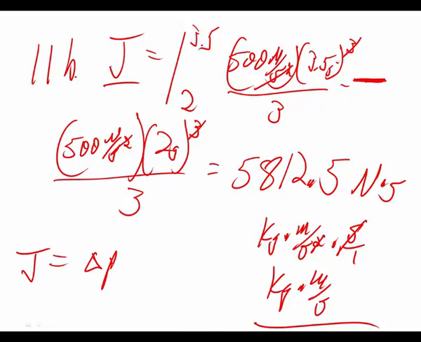Okay. 5812.5 Newton seconds, and that's typically when we're talking about impulse, that's the units we'll use. Even though it is a kilogram meter per second, we'll still just say Newton seconds, referencing that it's an impulse situation here.